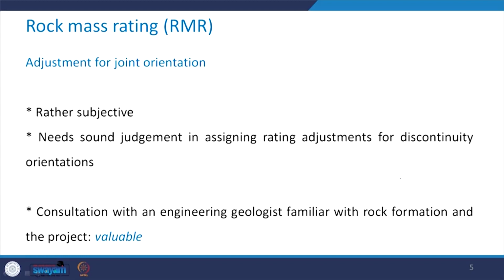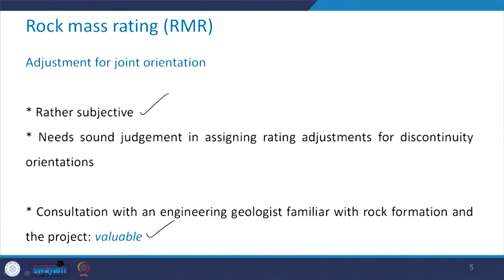Therefore, this joint orientation adjustment needs sound judgment in assigning the rating for the discontinuity orientation, and this should be done in consultation with an engineering geologist who is familiar with the rock formation and the project. His advice would be really valuable in such cases because these ratings are quite subjective in nature.